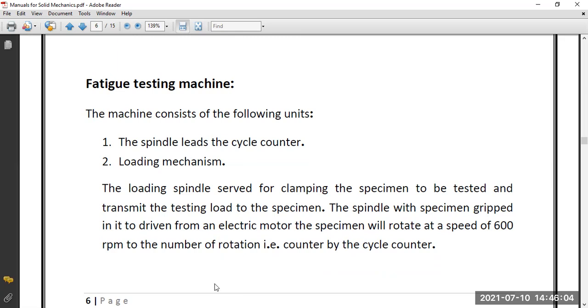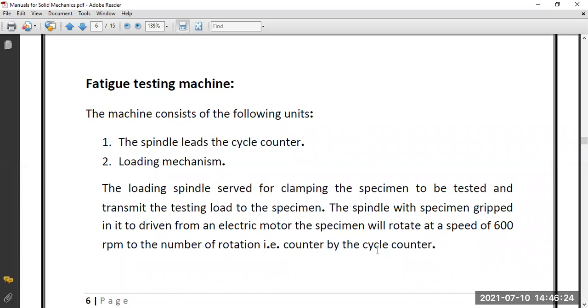The spindle with the specimen gripped on it is driven by an electric motor and will rotate as high as 600 RPM, depending on the number of rotations.